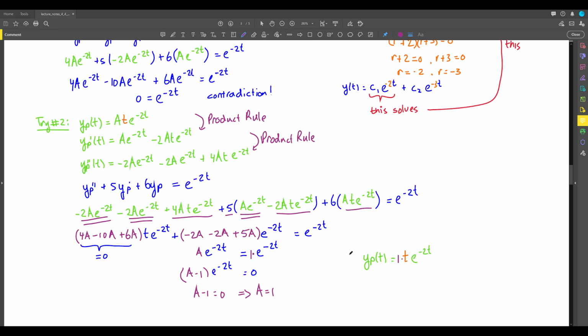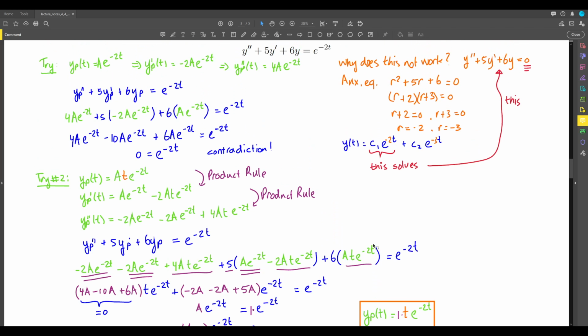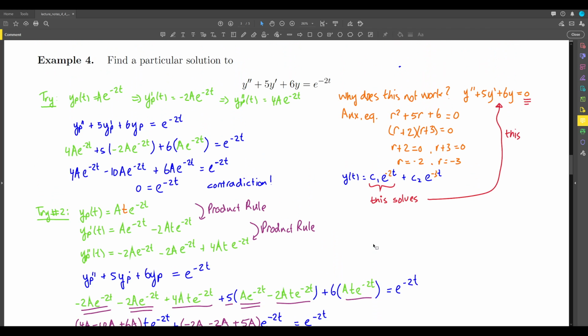And that is our total solution, our particular solution to the differential equation. Now, in the next video, we'll generalize all of our findings in a theorem.